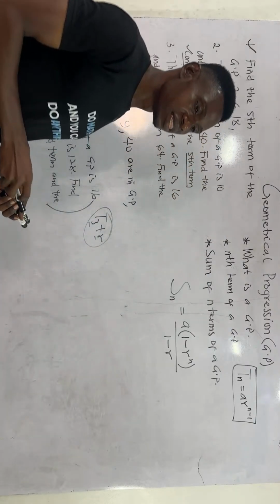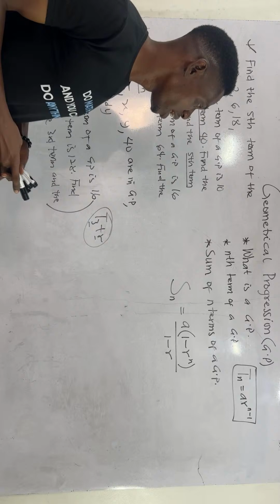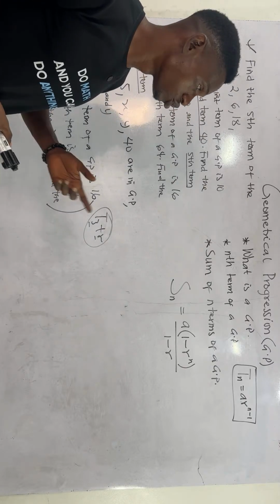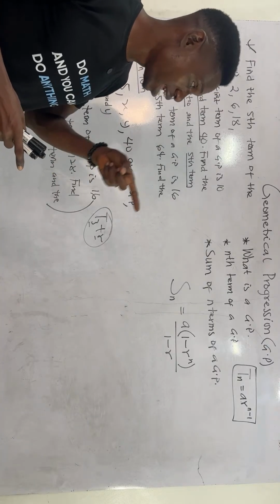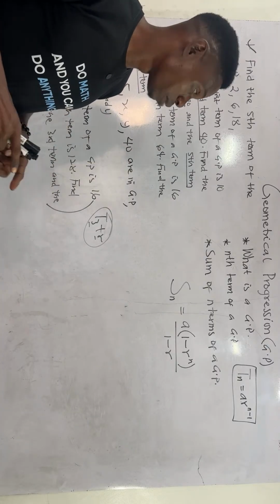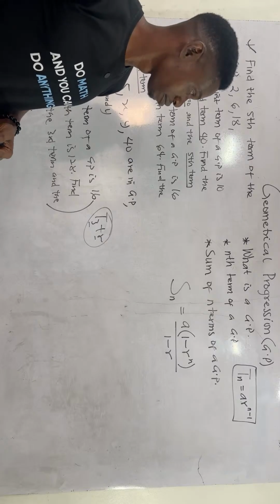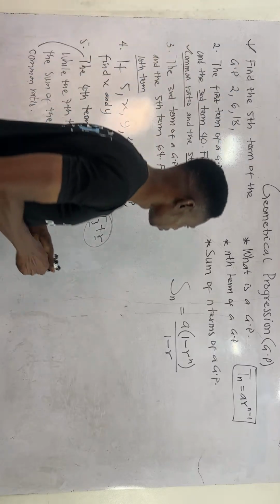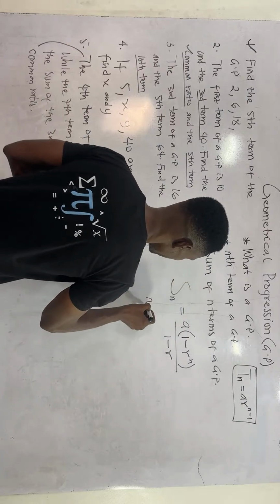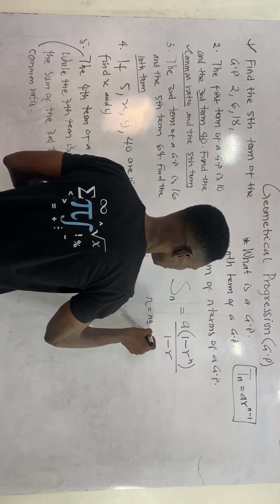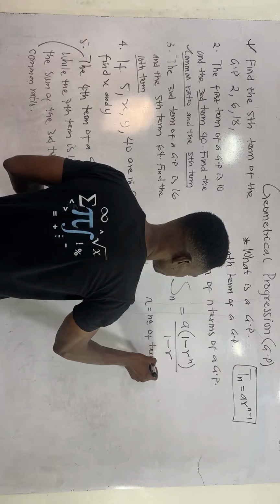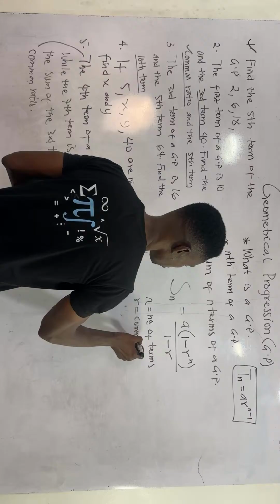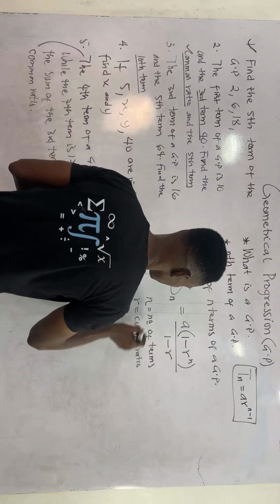The sum of n terms of a GP is A into 1 minus R raised to the power n, all over 1 minus R, where n is the number of terms and our R, as usual, is the common ratio.